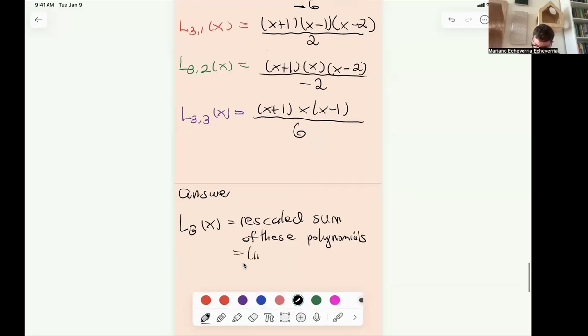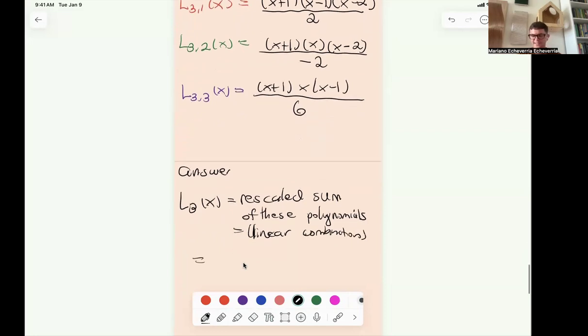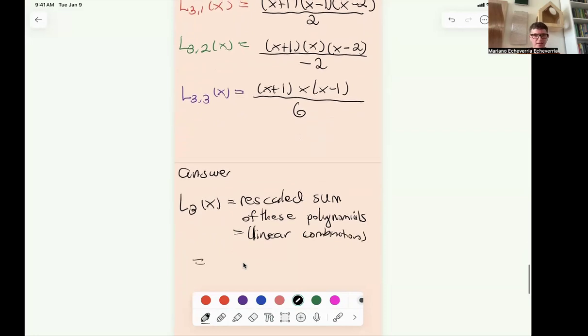So it's like a linear combination. What is the formula? It is y, let me use the same colors.